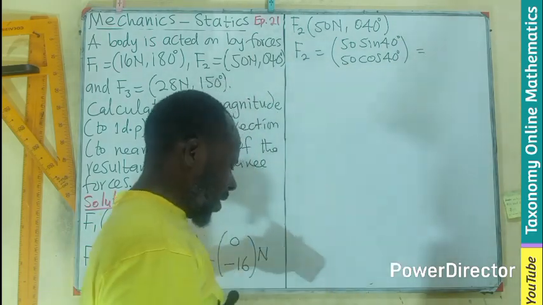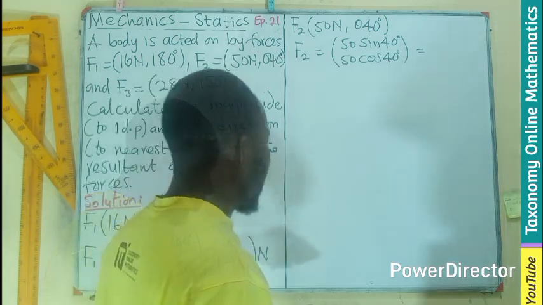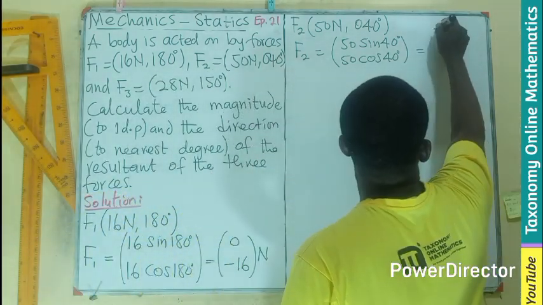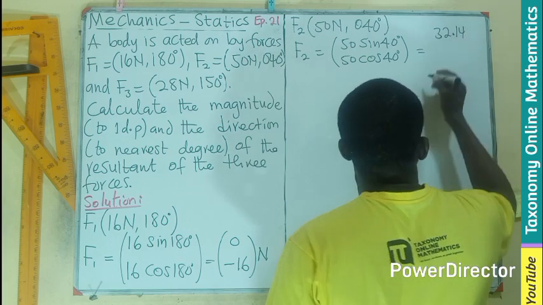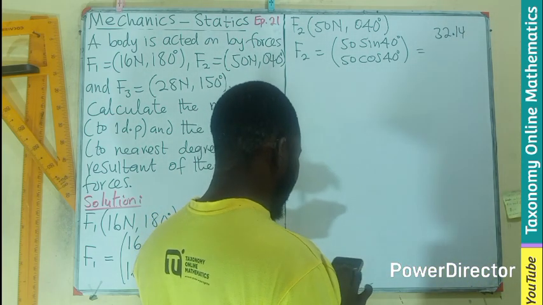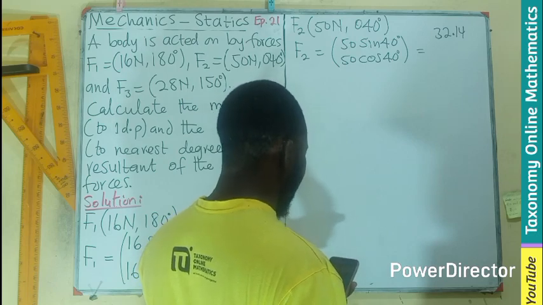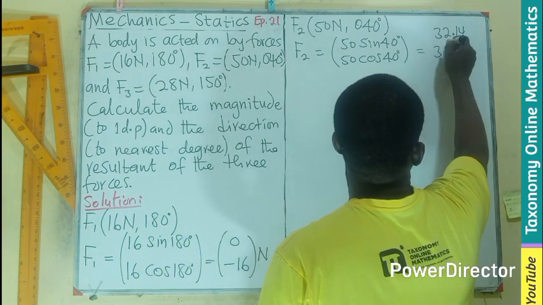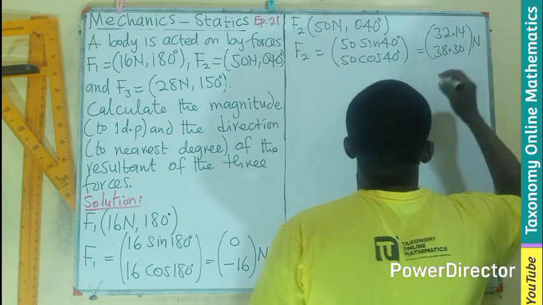Let's resolve that and see what it gives us. That gives us 32.14 for the component on the x-axis. Then 50 cos 40 will give us 38.30. Then we add our unit.